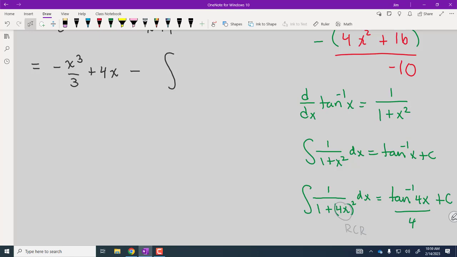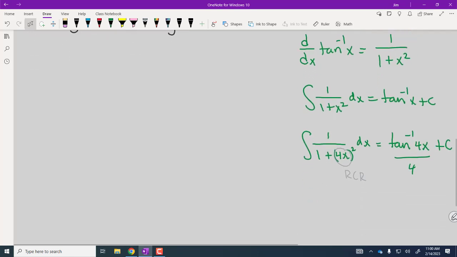It just comes out in the wash when you do the reverse chain rule, right? If we didn't have parentheses around that, we could not do the reverse chain rule, could we? We could not. That's right. So if this was 1 plus 16x squared, that's not going to work. We have to have it wrapped up in parentheses first to use the reverse chain rule.